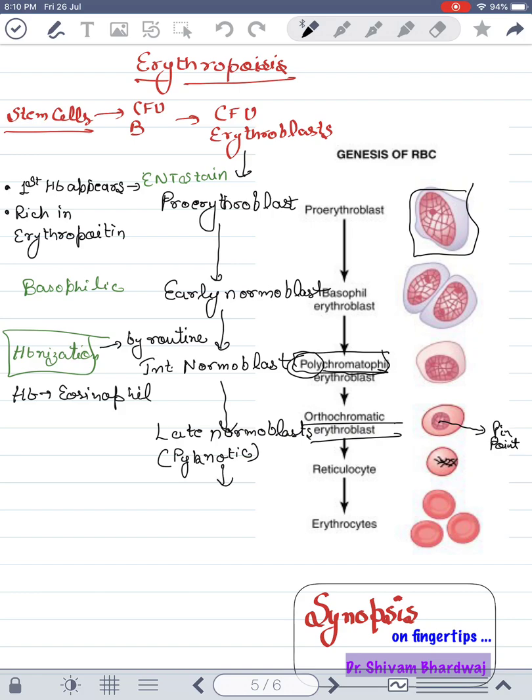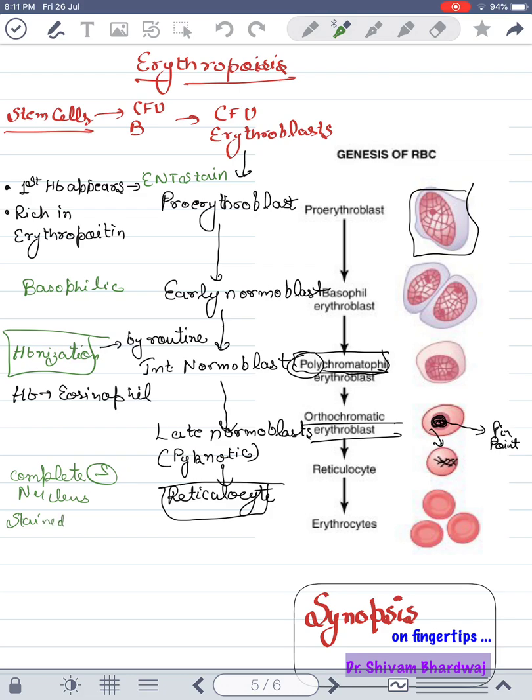After the late normoblast, when the whole nucleus is totally extruded, there will be a cell known as reticulocyte. This reticulocyte is characterized by complete absence of nucleus, and they can be stained by the routine stain, that is the Romanowsky stain.